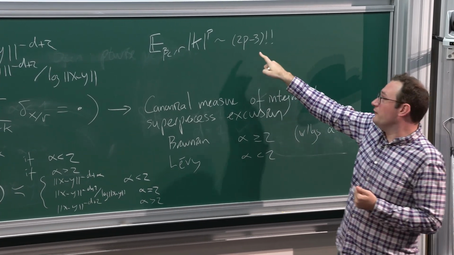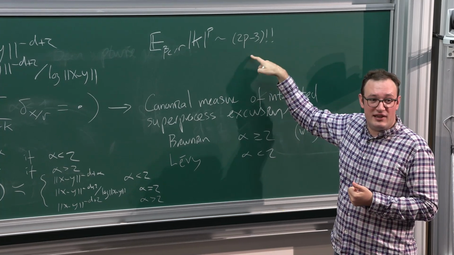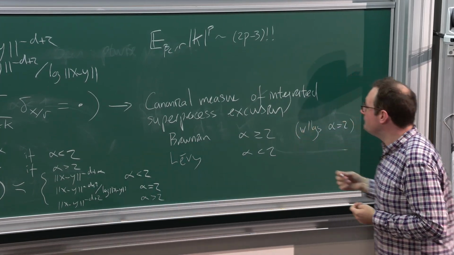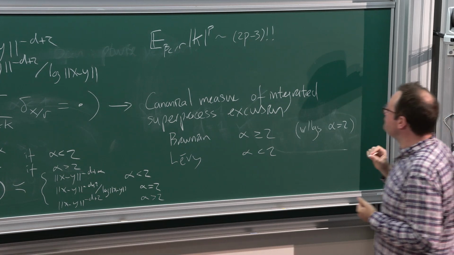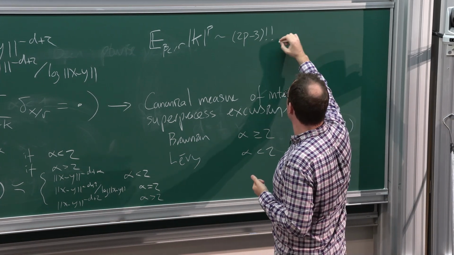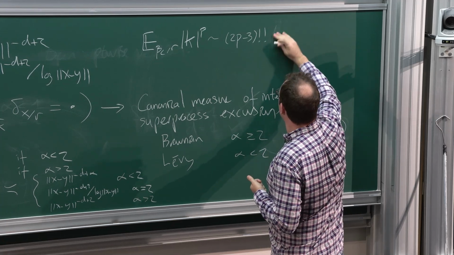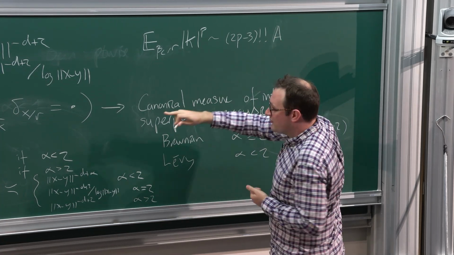Actually, this should be familiar from the tree graph inequality. This is counting the number of leaf-labeled binary trees with p leaves, times some constant, which is not the same as this constant.